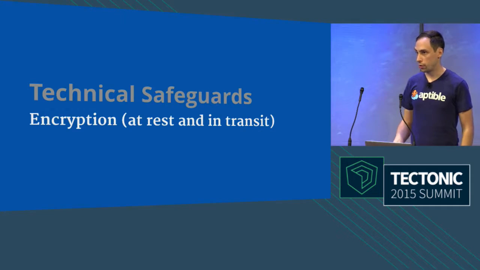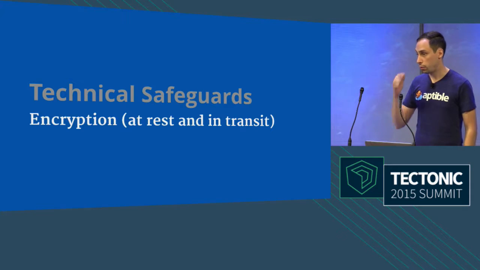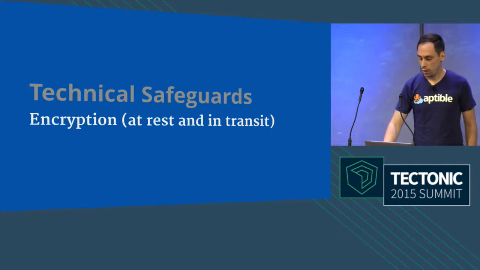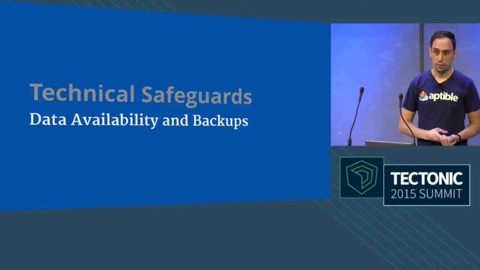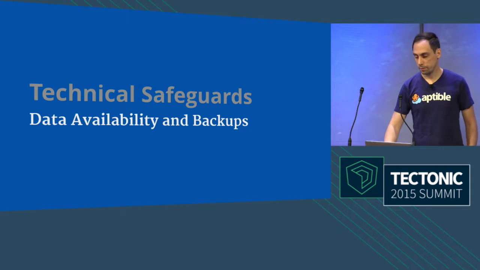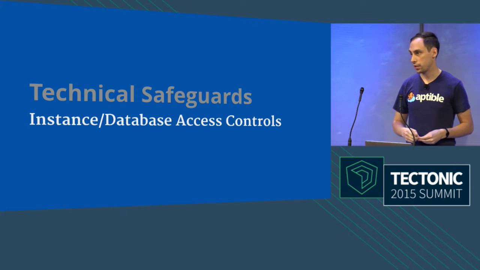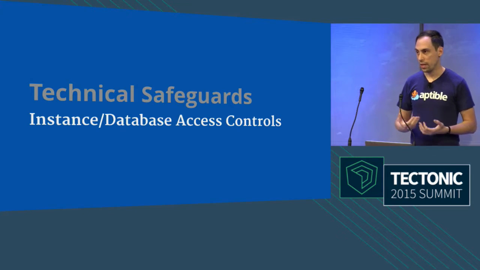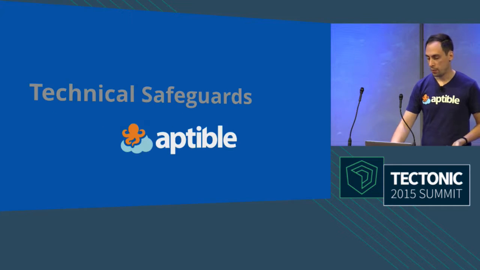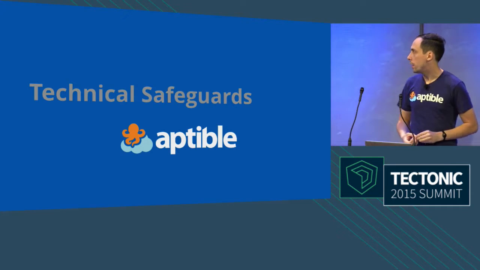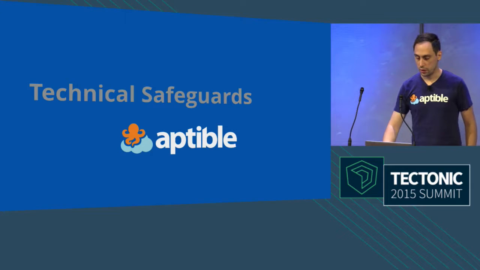This includes encryption of PHI, both at rest when it's stored on data volumes and in transit, data availability and backups, and authentication and authorization, so access controls for instances, databases, other services. This is kind of the core service that Aptible provides on our platform as a service.